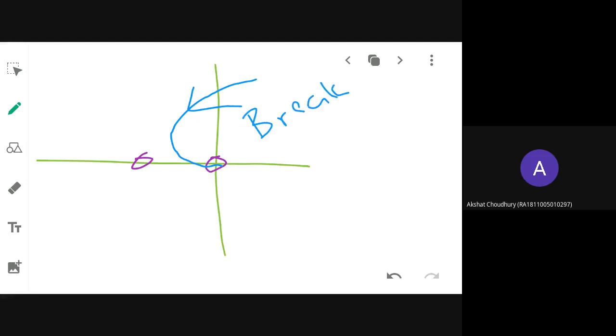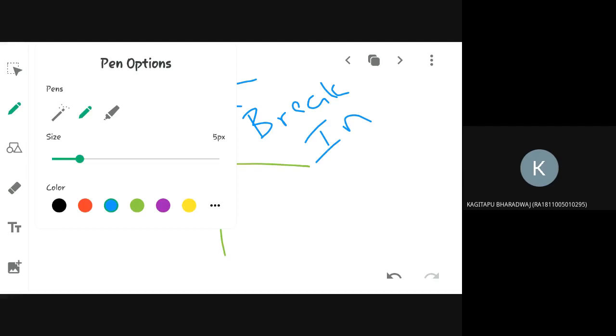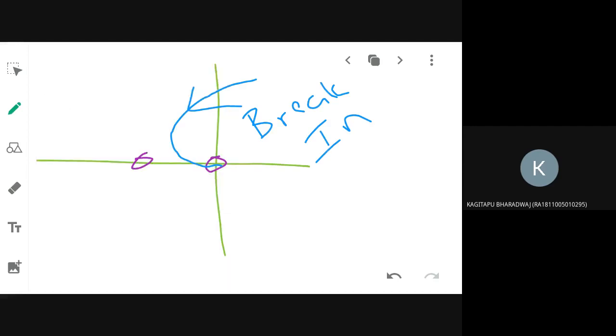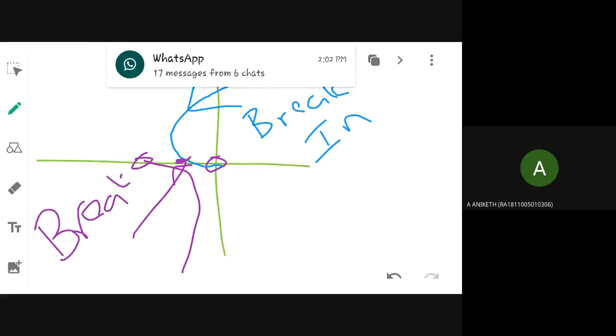In the same way another zero is also there, and another branch is coming. This point is also called a break in. So this is branch number 1, this is branch number 2.